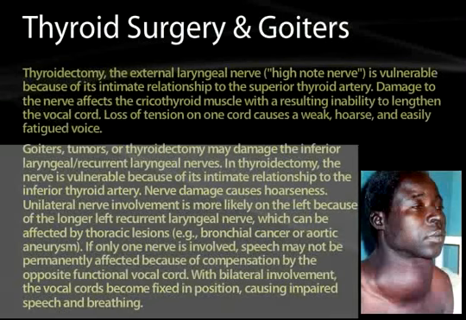Goiters are another commonly tested item, and you should be aware of how goiters and the tumors or thyroidectomy may have damage to not just the external branch, but also the inferior laryngeal or recurrent branch. They're vulnerable because of its intimate relationship with the inferior thyroid artery.